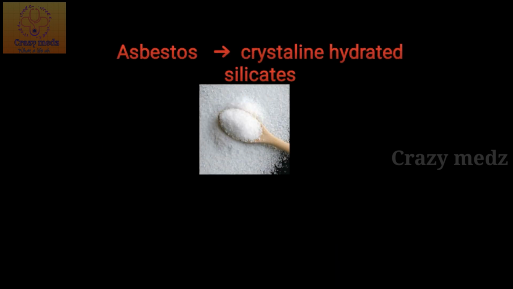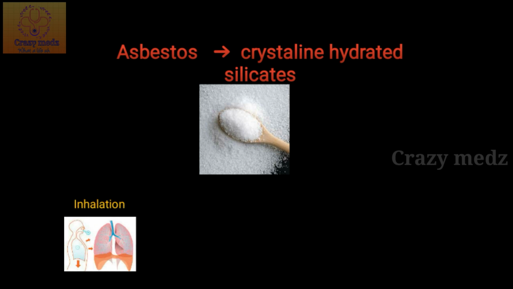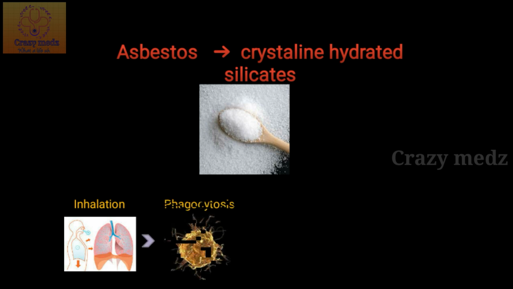Asbestos is nothing but crystalline hydrated silicates. Therefore, it has the same pathogenesis as in the case of silicosis. The asbestos particle, once inhaled, is phagocytosed by the macrophages, which causes activation of the inflammasome, which leads to release of pro-inflammatory factors such as interleukin-1 and interleukin-18, along with fibrogenic mediators such as reactive oxygen species, proteases, cytokines, and growth factors.